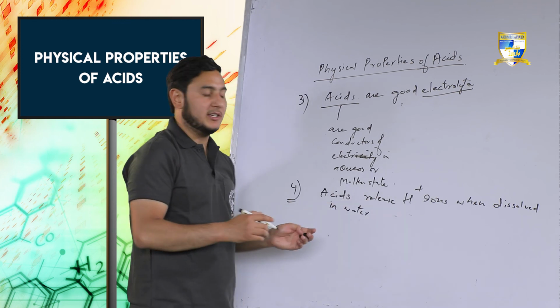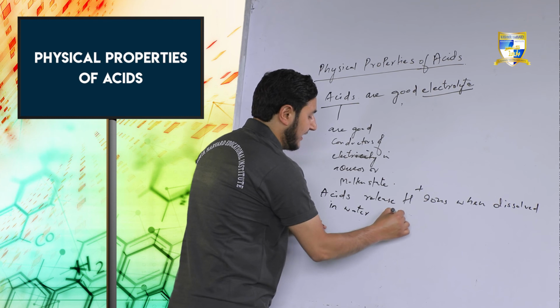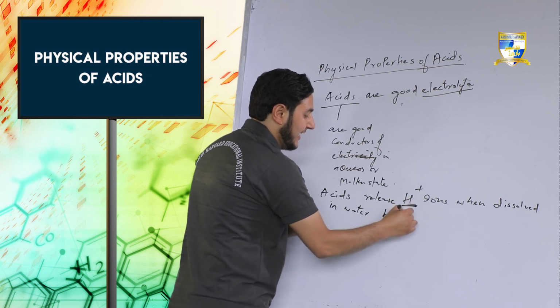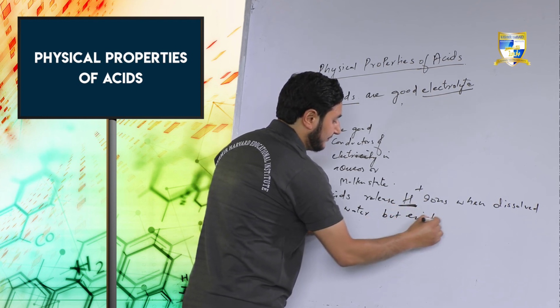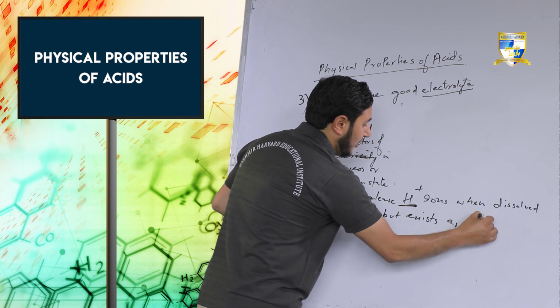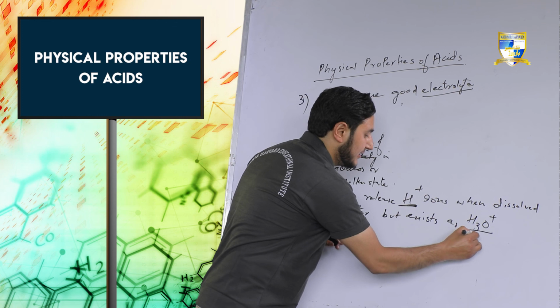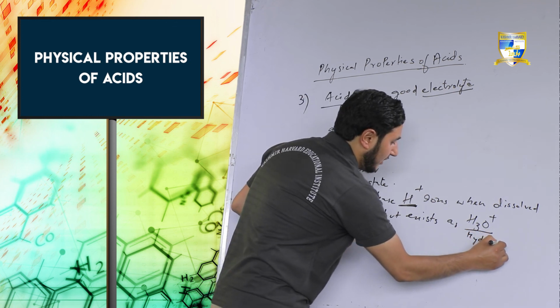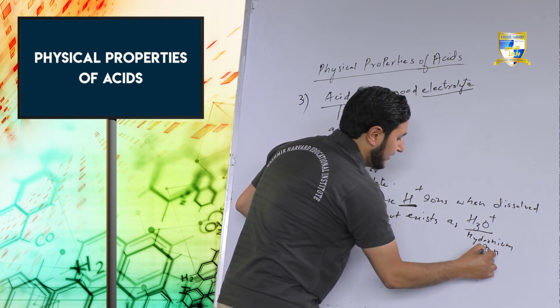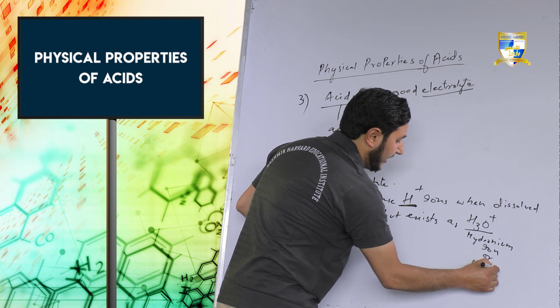When dissolved in water, these H positive ions exist as H3O positive ions called hydronium ions, and the simplest oxonium ion is the hydronium ion.